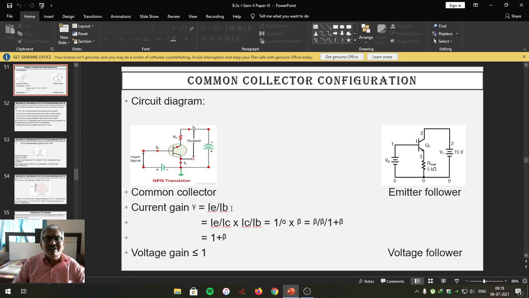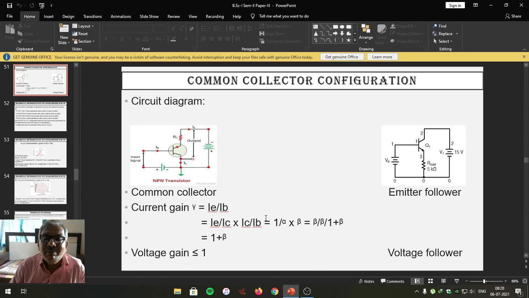This can be written as IE upon IC into IC upon IB by mathematical considerations. If you cancel IC and IC, again it is IE upon IB. But friends, IE upon IC is 1 upon alpha because IC upon IE is alpha.